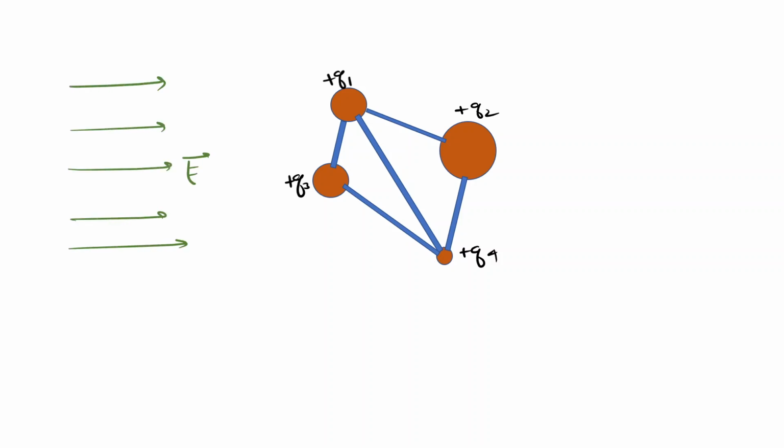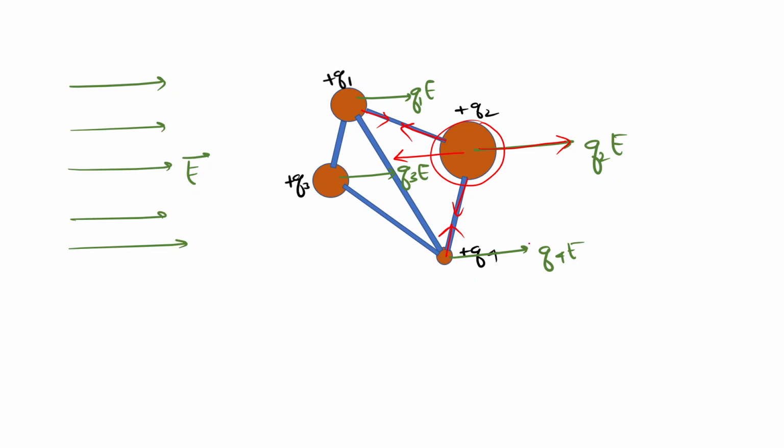That's the first thing. But if it is placed in an external electric field, you will see that external forces will appear on the system, and the internal forces can now not adjust these forces, because internal forces will be within the system. Suppose on Q2 there is some extra force Q2E here, and the internal forces, because of increase in tension, can balance Q2E. There will be some extra internal forces, but their opposite pairs will also be there in the system, and these forces will be in the opposite direction.